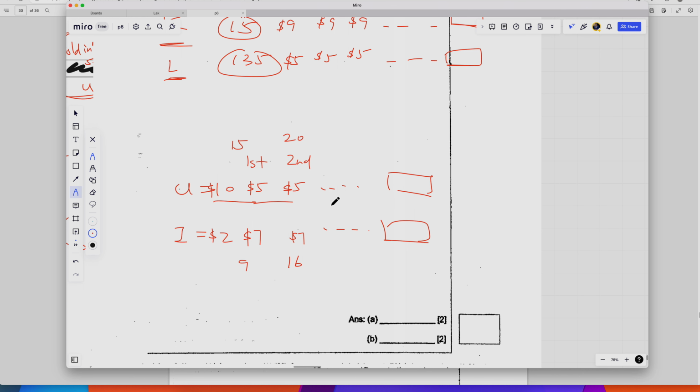Then you continue, 5 more is 25, and another 7 is 23. Very close already. One more is 30 and 30. So this is the third day, this is the fourth day. So the fourth day will reach the same.